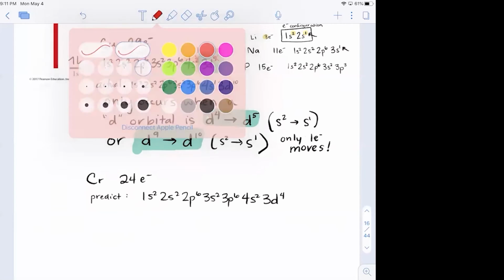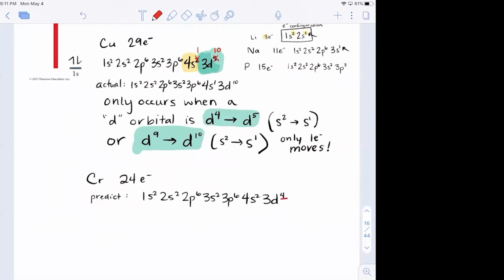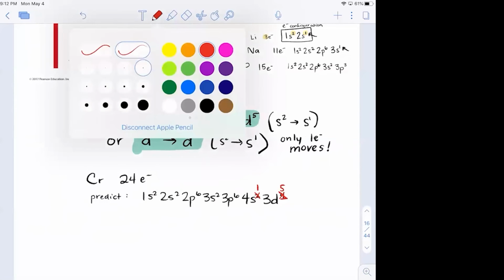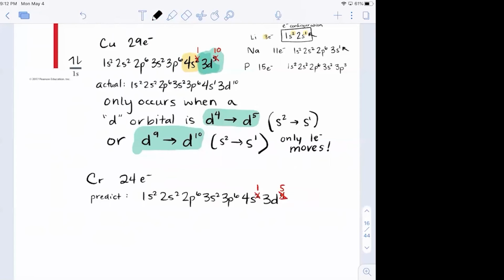And what we know happens when you see that 3d4, it's almost half filled. So scoop one electron from the previous s orbital, which would be the 4s, and pop it in that d, with the 5 and the 1.